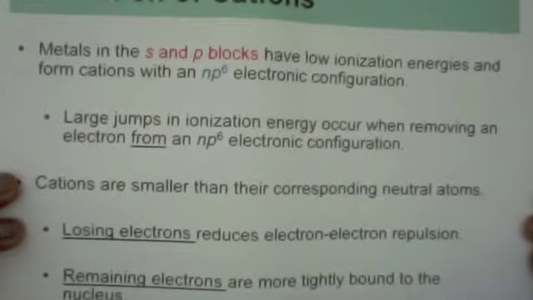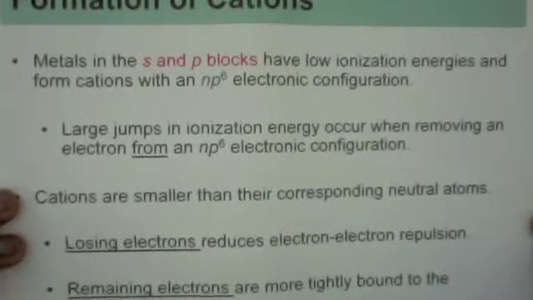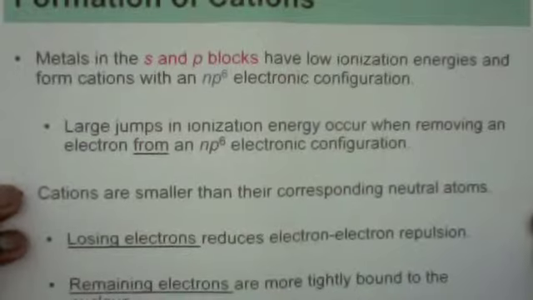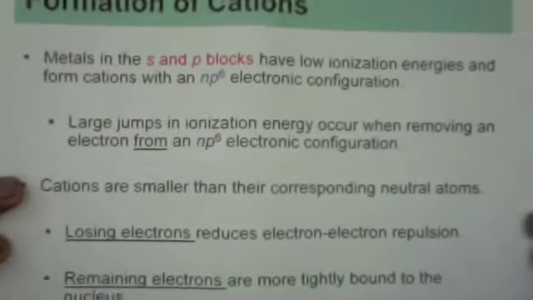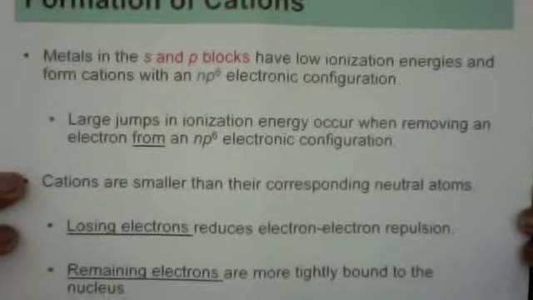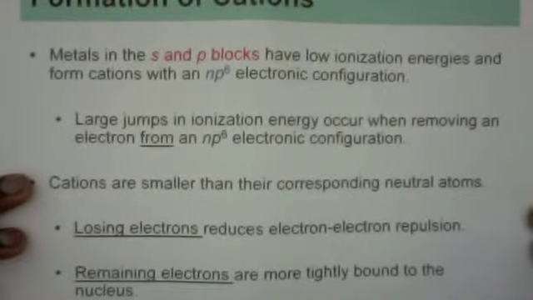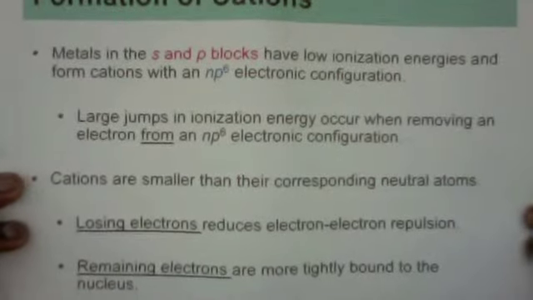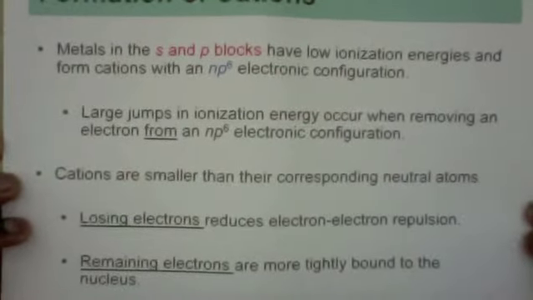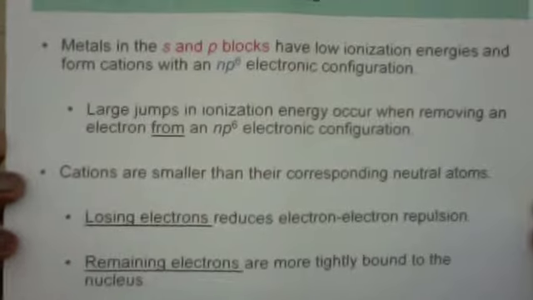We know that metals in the S and P blocks have low ionization energies and form cations with Np6 electronic configuration. This pretty much means that large jumps in ionization energy occur when removing an electron from these different ions. Just a fact to know, cations are smaller than their corresponding neutral atoms.